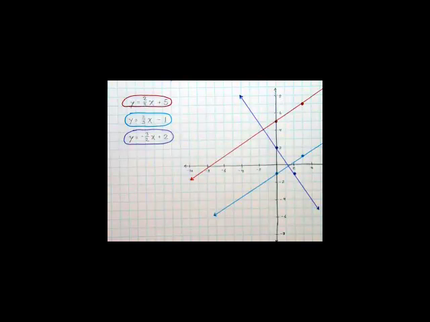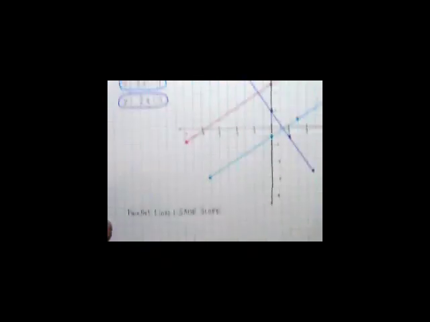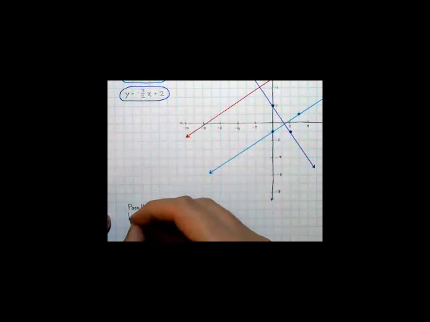Okay, so there's actually two things going on there, right? The fraction flipped, which is a reciprocal, right? I took the reciprocal and I made it negative. So I changed the sign, did the reciprocal. So we call that the opposite reciprocal slope, or negative reciprocal slope, however you want to say that.